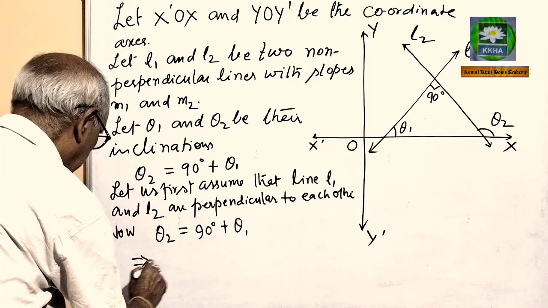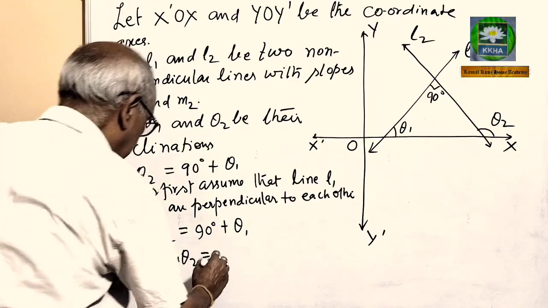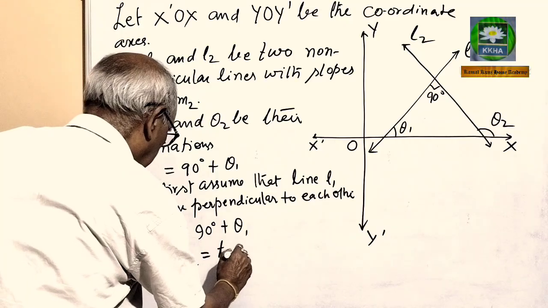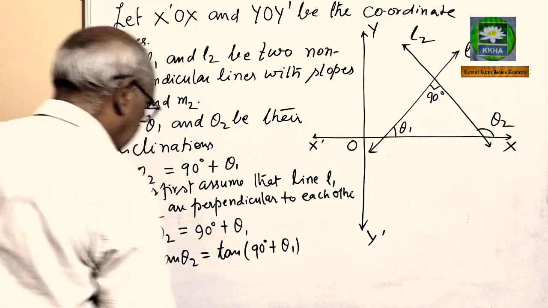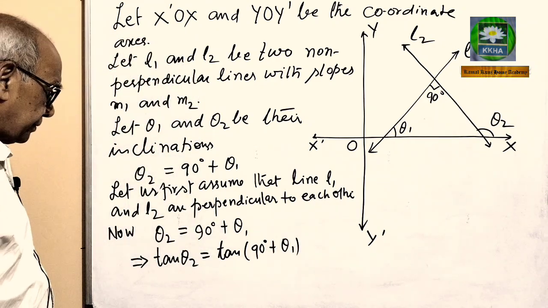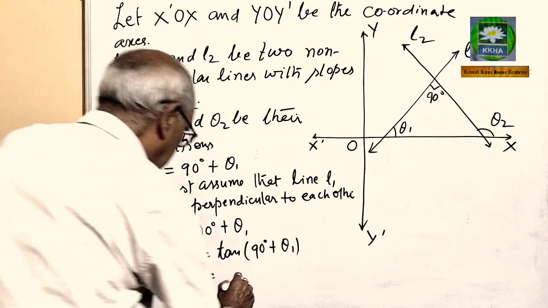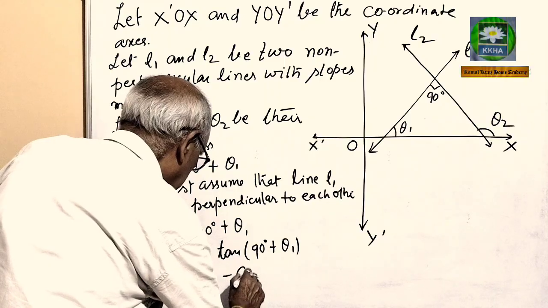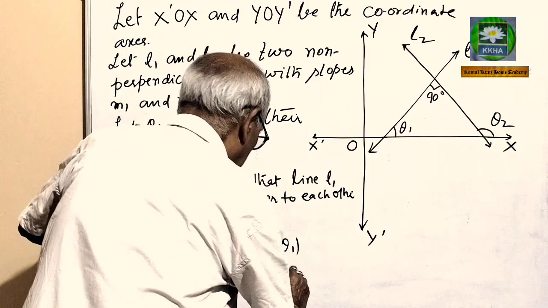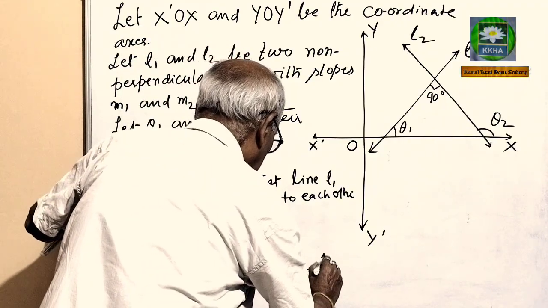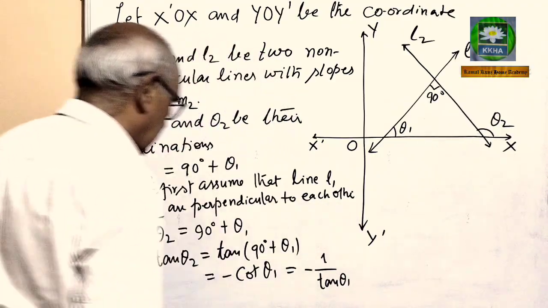This implies that tan theta 2 is equal to tan of 90 degrees plus theta 1, which is equal to minus cot theta 1. This is equal to minus 1 upon tan theta 1.